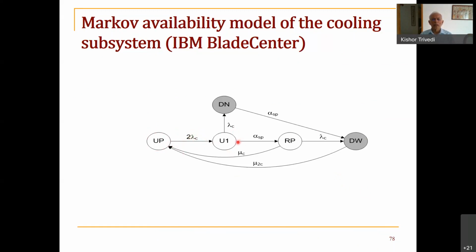One fan fails. At this time, you call for the repair person. So there is a travel time of the repair person. The repair person is on site, repairs the fan and puts it back up. In the meantime, before the repair is completed, the second fan may fail, or from this state itself, the second fan may fail, etc. So I discussed with the engineer how the system behaves and reflected it by a state diagram and then eventually by rates, making a Markov chain.